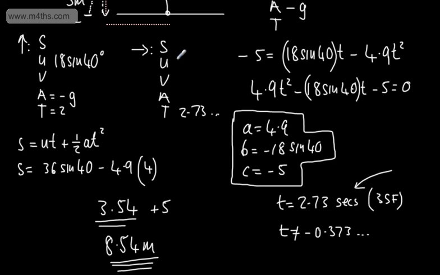We're going to have the horizontal component of velocity, 18 cos of 40 degrees. We've got zero acceleration, so we can say S will be equal to ut. S, which is the range or the distance in x, is going to simply be 18 cos 40 multiplied now by our 2.73 dot dot dot.